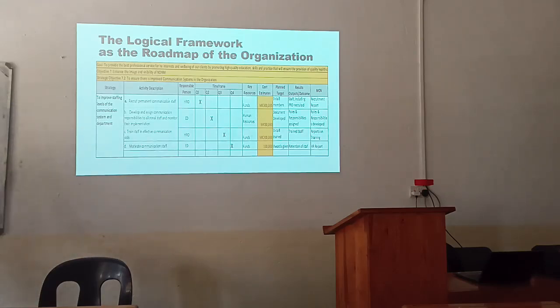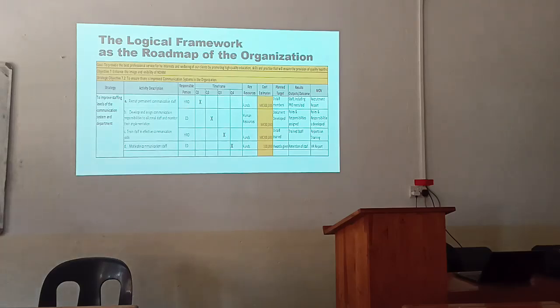This is not the best example, but it gives us a picture of what we want to do in strategic management. We want to be able to develop a logical framework as a roadmap of the organization. Now you can understand where we are coming from. Vision, mission statement, goals, objectives, and so on.